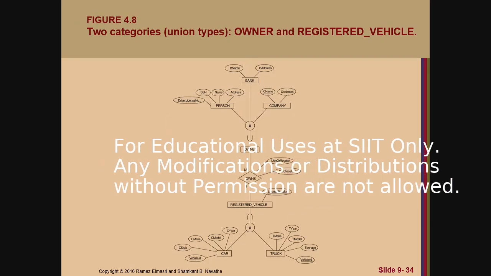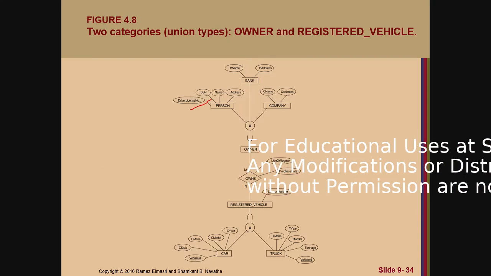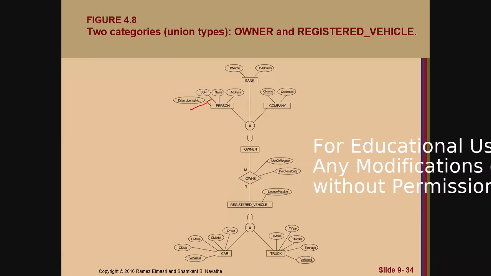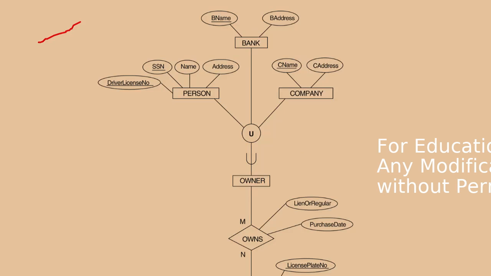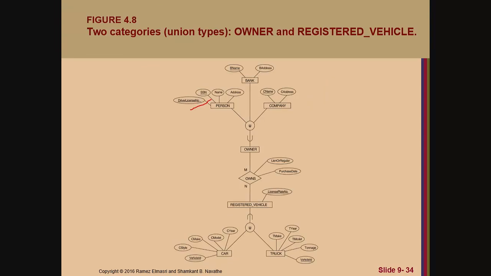And you can see that here, person has its own key. Bank has its own key. Duplicate. Oh, similar. Actually similar keys, but they change and generate a new surrogate key as the license plate number. Anyway, they generate a new one, and they use this one as the key. And the registered vehicle already has a key, but the owner doesn't have one.